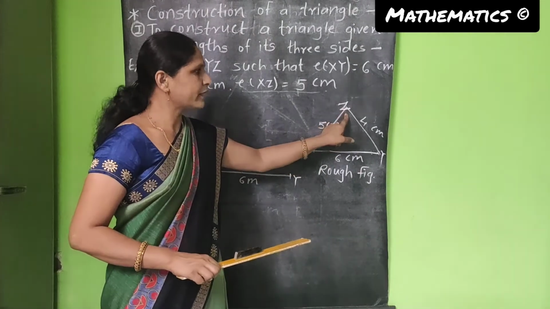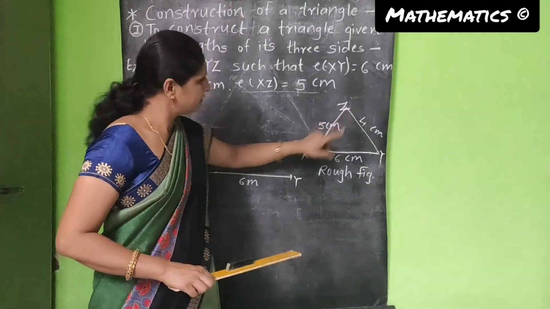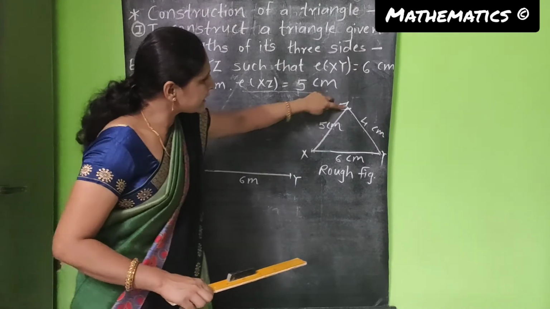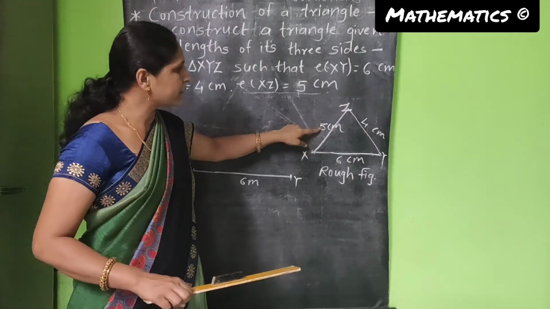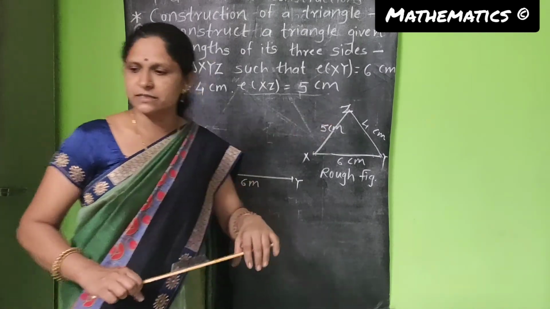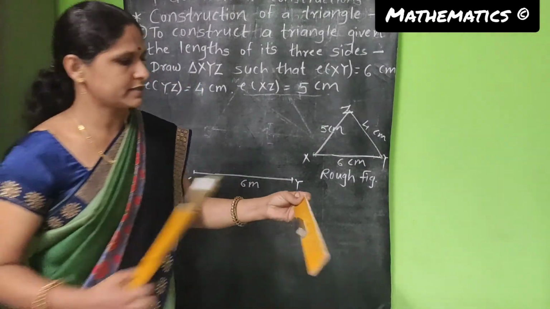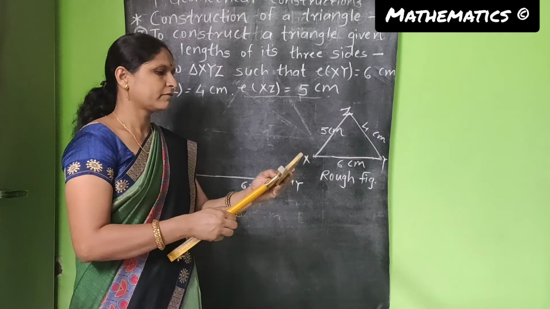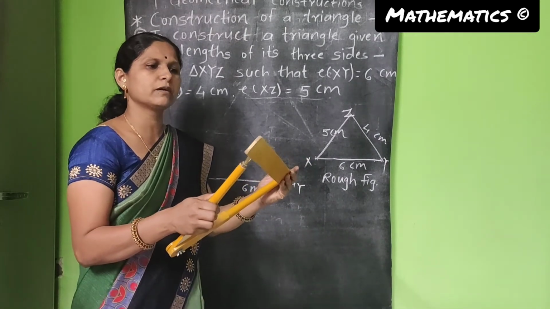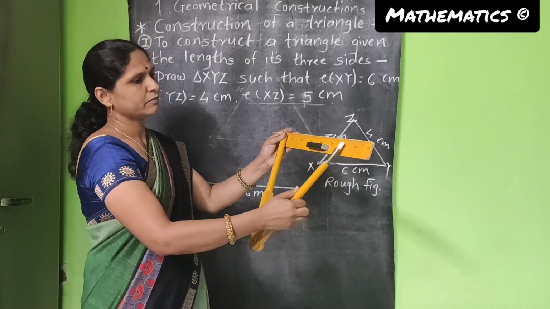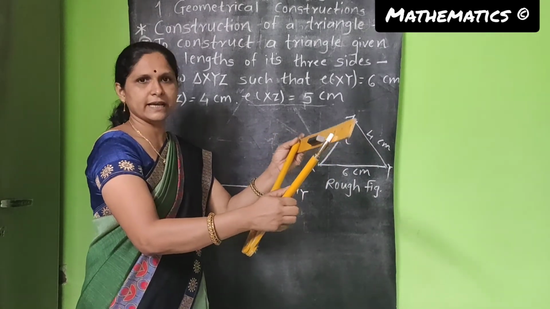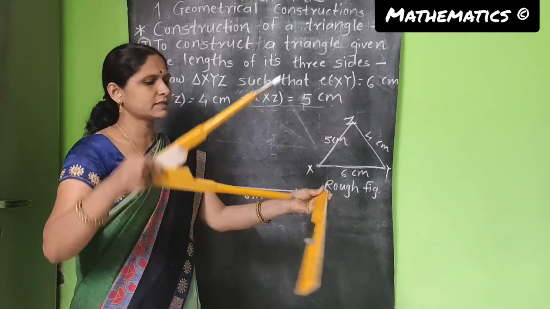Then, how do we find the point Z? Here, the XZ distance is 5 cm. Therefore, take a 5 cm distance in your compass, measuring using the scale.